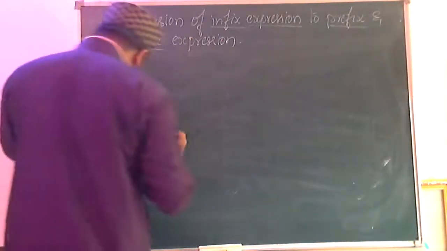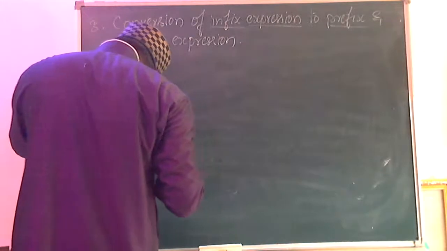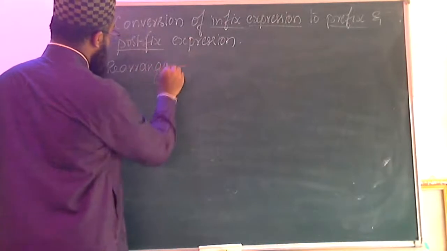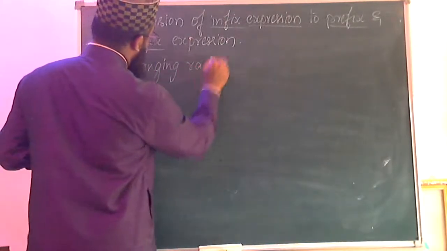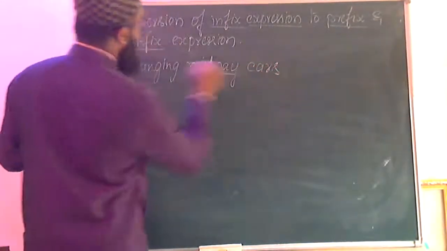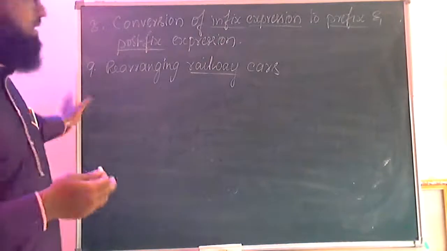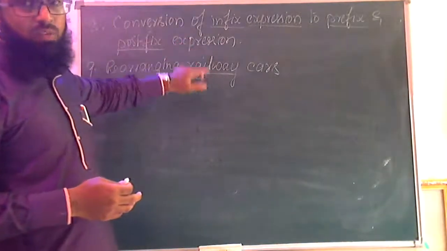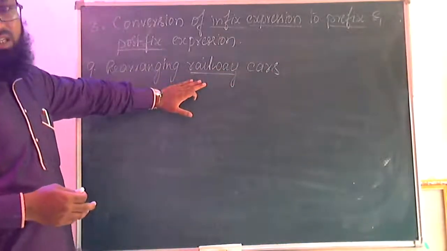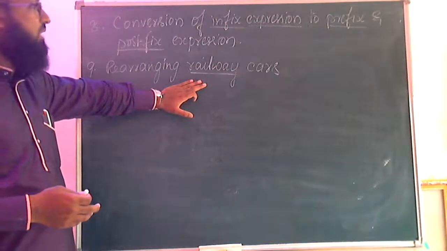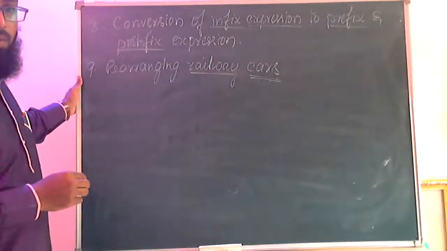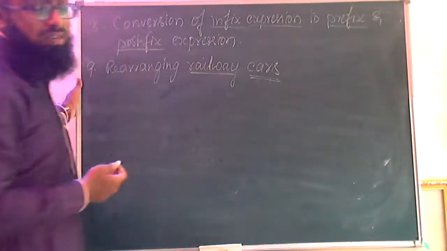The next application is rearranging railway cars. Railway you already know; it is the railway itself, no other meaning here. Cars means whichever things move on the railway track.